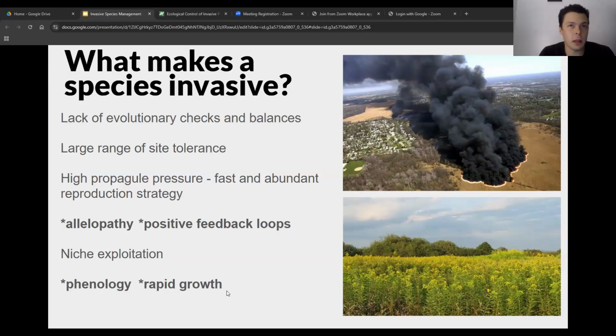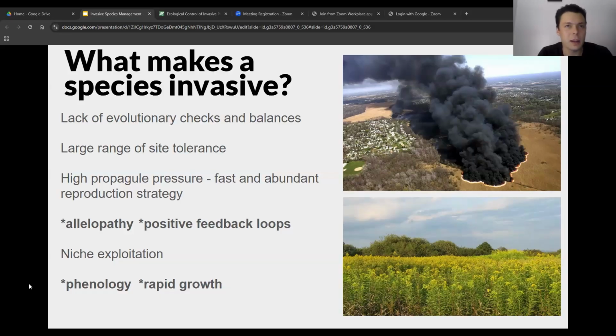You can think of something like a daffodil, a non-native, cultivated species. When you put it in your yard or landscape, maybe over 5, 10, 20 years, you might get double or triple the amount of daffodils you originally started with.